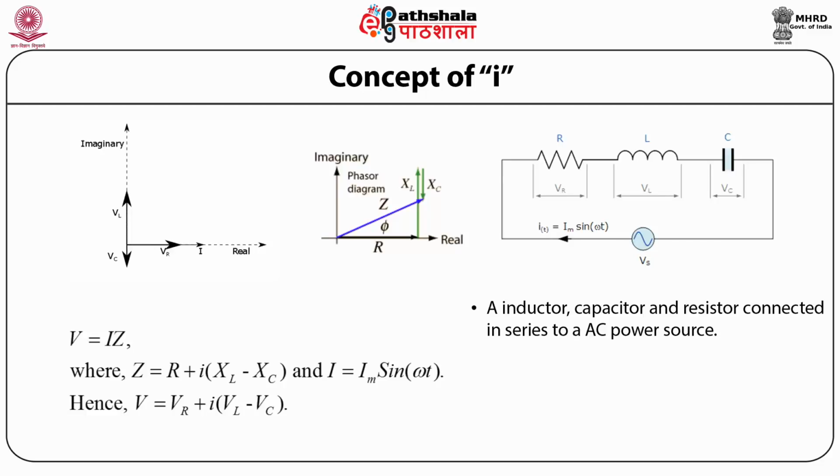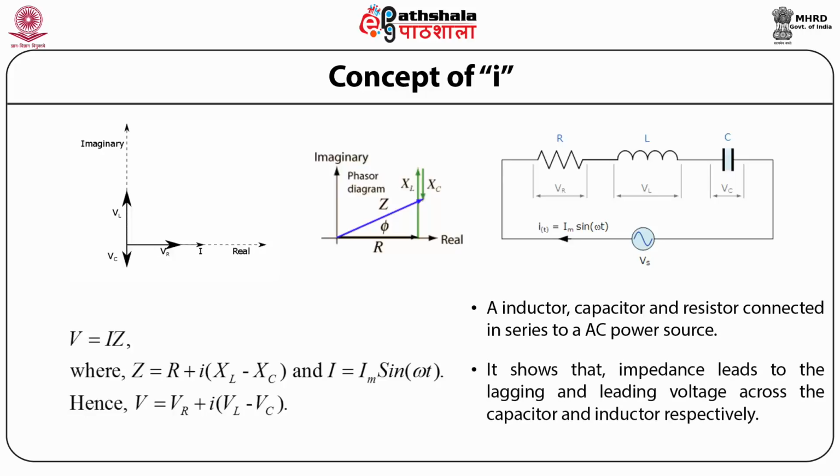So, it is only a matter of how you want to have a phase difference between I. Phase difference here means the difference between the current and the voltage. So, the current is sinusoidal, which means it is going to change with respect to time, and the voltage is also sinusoidal, which again means it is going to change with respect to time, right. So, the V can be represented as VR plus i(VL minus VC).